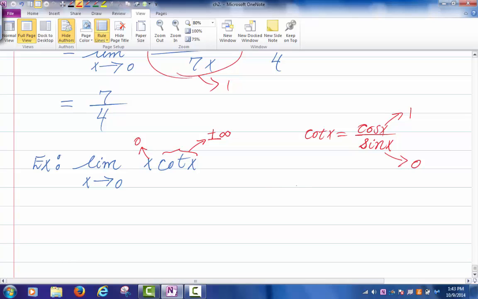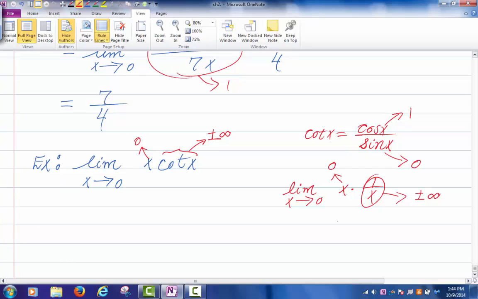So, for example, if I'm taking the limit as x goes to 0 of x times 1 over x, notice that the first factor has limit 0 and the second factor has limit plus or minus infinity. What's the limit in this case? 1, because x times 1 over x is actually just 1.